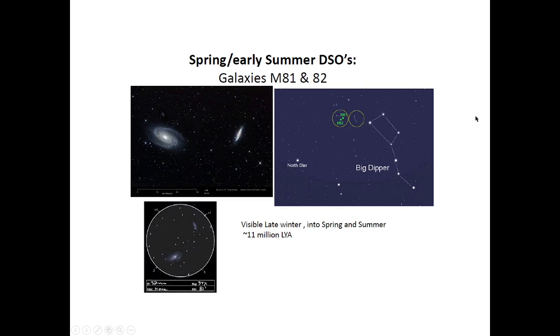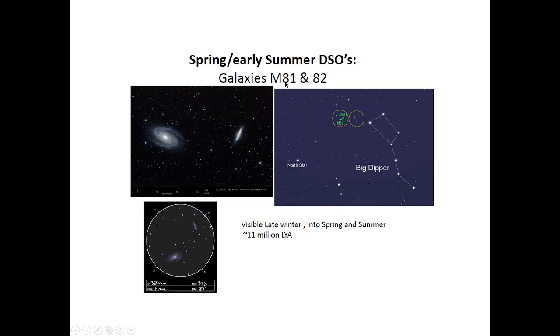And spring, early summer, so we want to look at certain galaxies. And the Big Dipper, if you remember back in the lesson with the constellations and their movements in the sky, during this time, it's kind of standing on its handle in the northeast, and you're kind of going out at a 45-degree angle off of the pot of the Big Dipper, and you can find Messier 81 and 82.